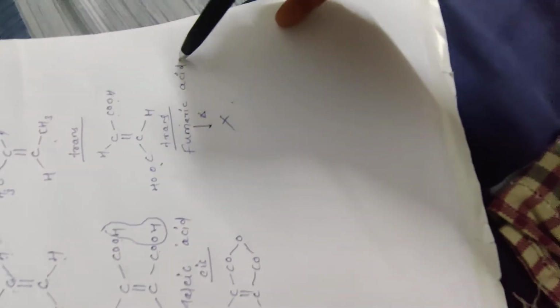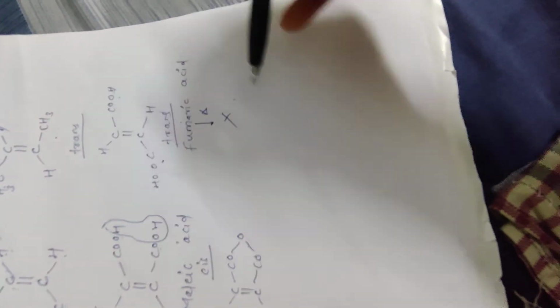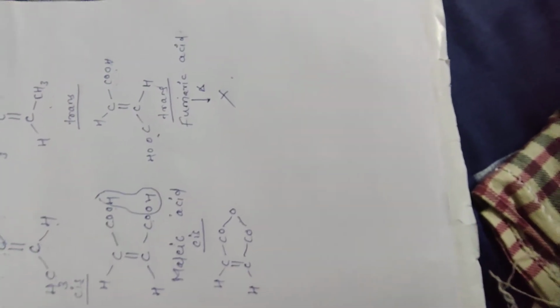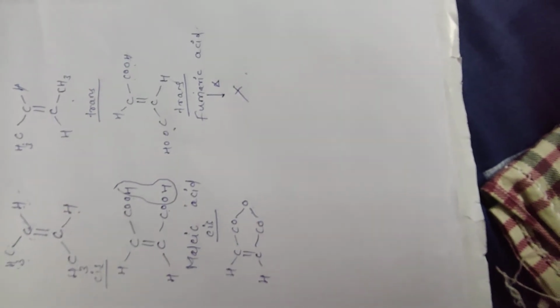So that is the difference in chemical reactions, that this fumaric acid on heating doesn't give any reaction. One more reaction is there: when we heat the solution of the malic acid up to 160 degrees Celsius, it produces the more stable fumaric acid.